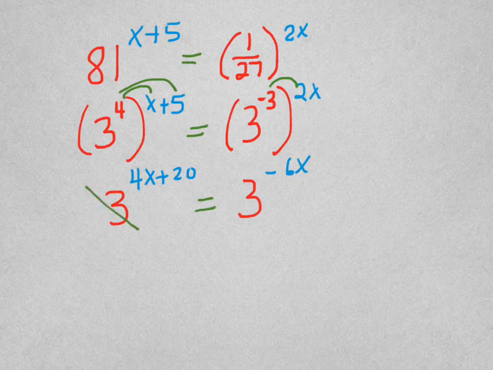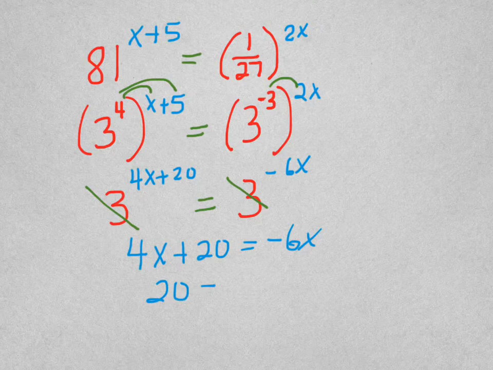Our bases will cancel out, giving us 4x plus 20 equals negative 6x. Bringing our positive 4x over to the other side gives us 20 equals negative 10x. And therefore, dividing by negative 10, x would equal negative 2.